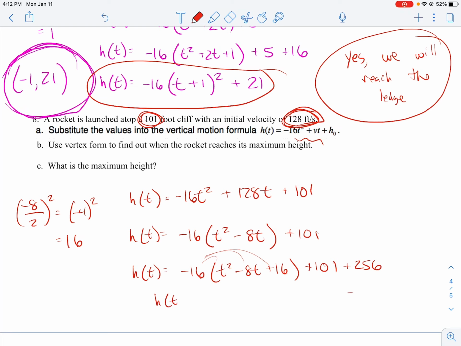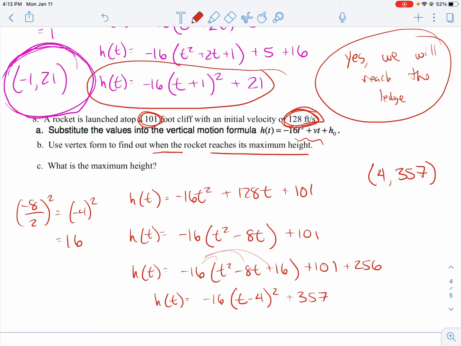Finally, let's put this in vertex form. And so, finally, use vertex form to find out when the rocket reaches its maximum height. Our vertex here is just 4, 357.